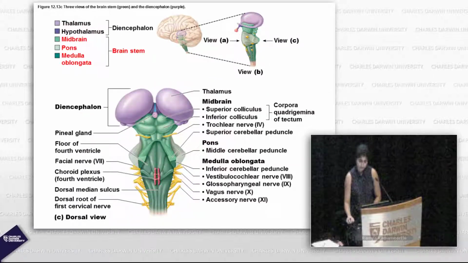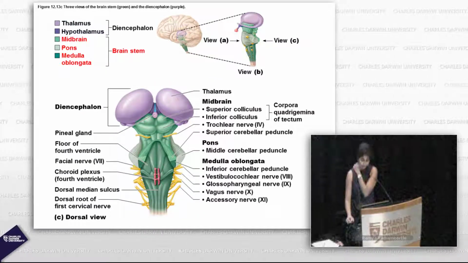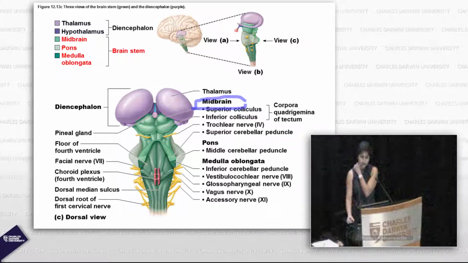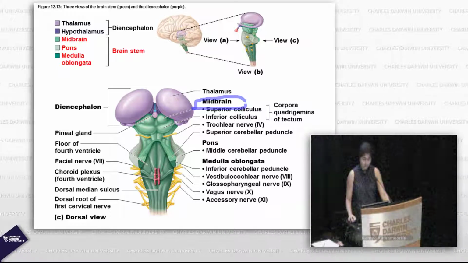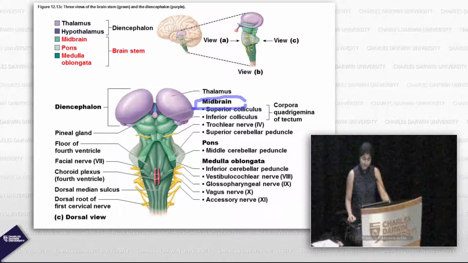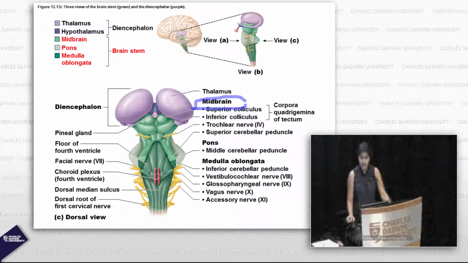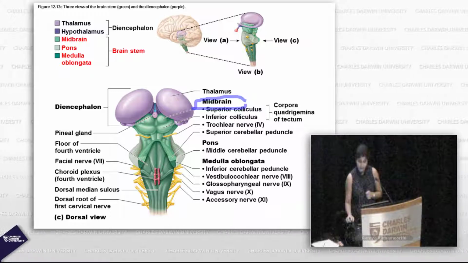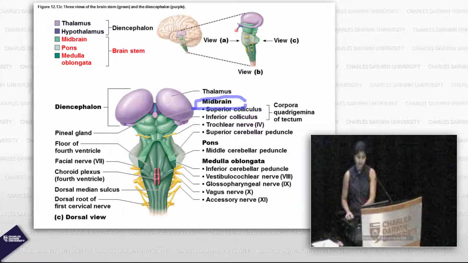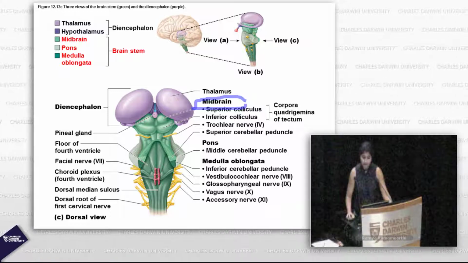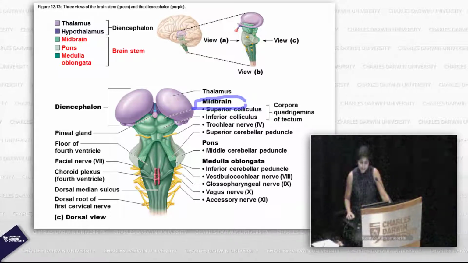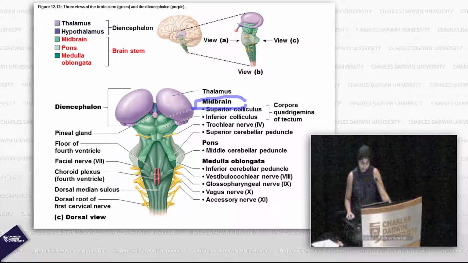So the midbrain again has lots of different nuclei and different functions. For example, the corpora quadrigemina, or tectum, is a paired dorsal projection, as you can see, and this controls many different functions.